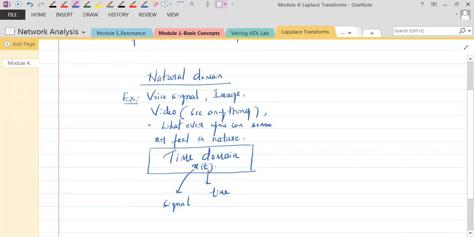Okay, so x of t is what? X of t is time domain signal. Everybody understand? X of t is time domain signal. Okay, so this time domain signal is in natural domain. Natural domain is time domain.